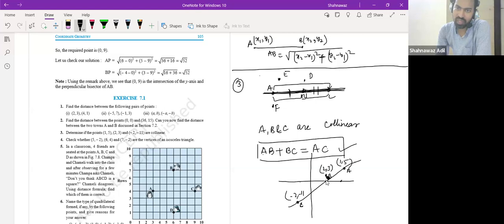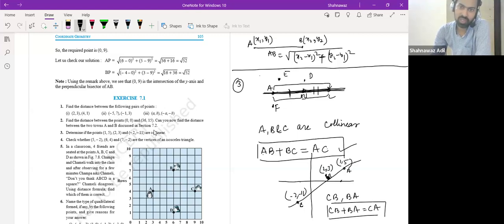So to prove that C, B and A are collinear, I need to find out CB and then BA, and then if I add CB plus BA, this should give me CA. So this is the idea of this question. Is that clear to you guys?